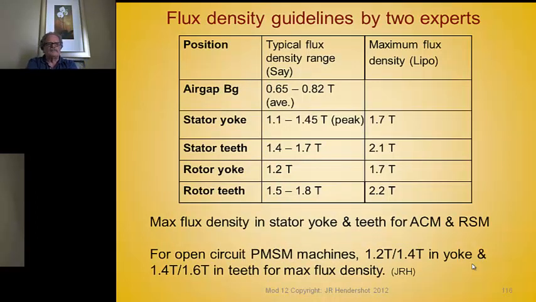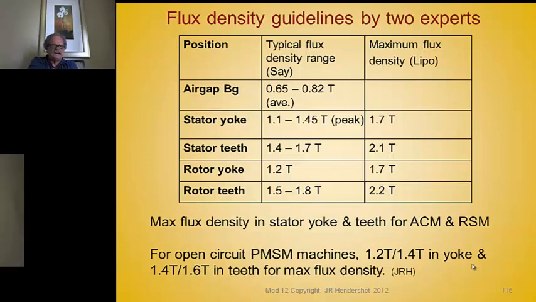And now here's some flux. I gave you flux density guidelines before, on the first slide. But here are some flux density guidelines that maybe are more important than my suggestions. These are based on the advice given by two experts: Tom Lipo, a famous professor from the University of Wisconsin, and a very famous motor engineer from years gone by by the name of Say.